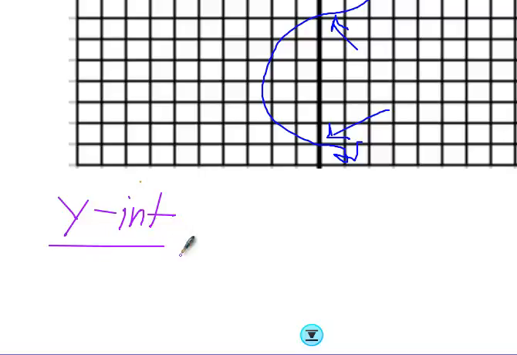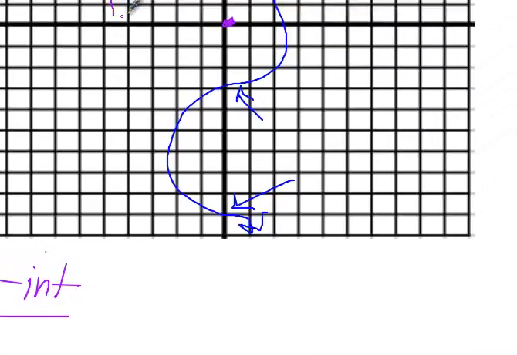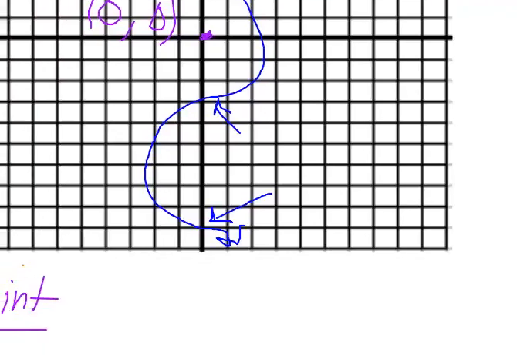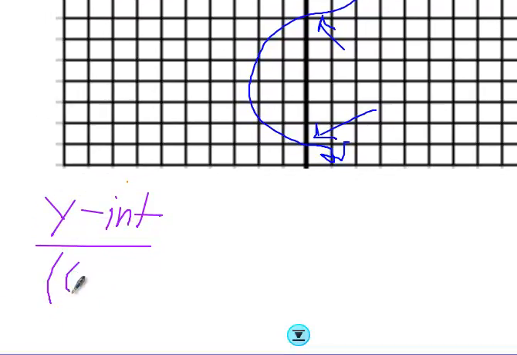All right. So again, let's talk about this point again. And like I said, this is our origin, and the coordinate of the origin is 0, 0. So if we look here, let's count up to our highest point, which is up here. So let's go 1, 2, 3, 4, 5, 6, 7. Let's say it goes to here, up 8. So the first y-intercept we're going to talk about is 0, 8.